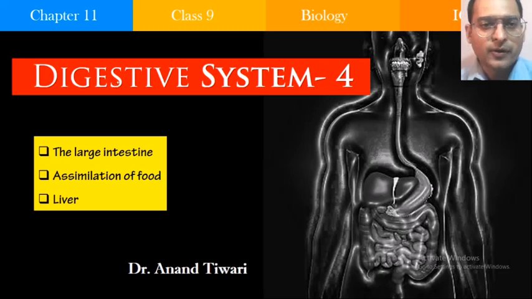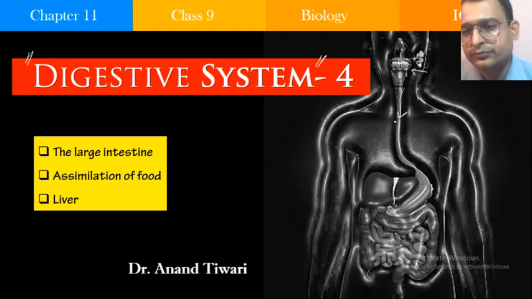Hello students, in our previous lectures we have covered various aspects of the digestive system, starting from the mouth where the mastication of food takes place. From there the food passes through the esophagus by peristaltic action, and through the cardiac sphincter it enters the stomach.